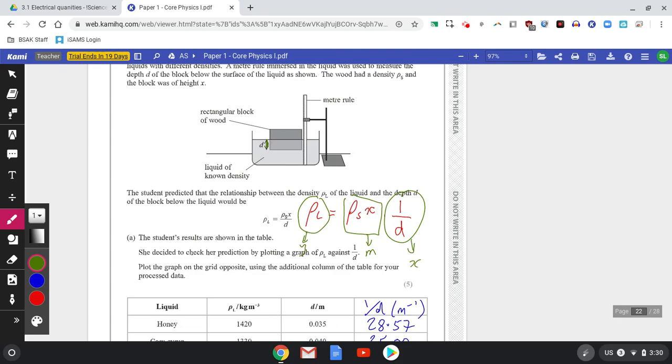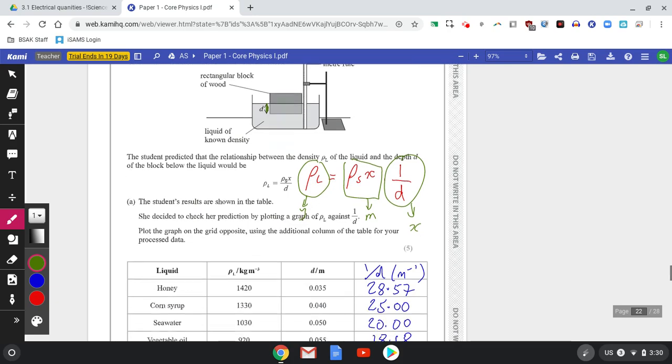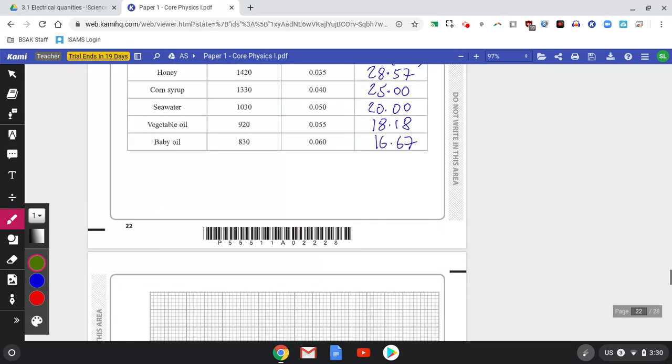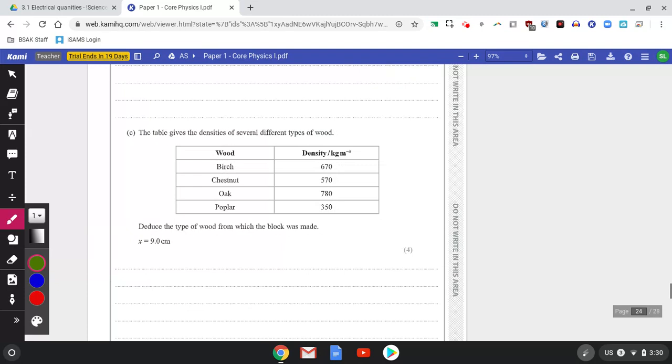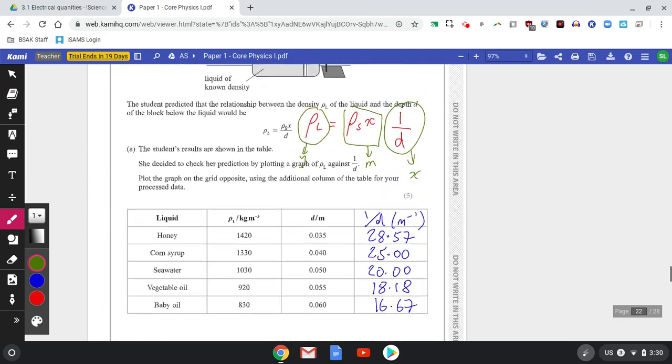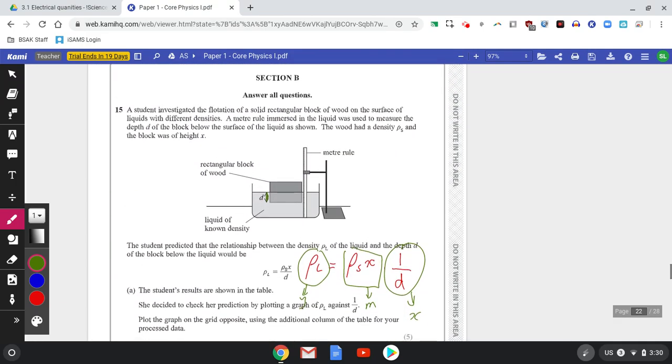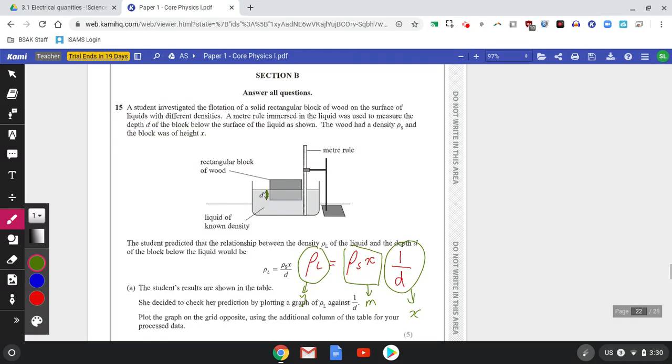What's x again? That's the dimensions of the block, isn't it? Height x. Yeah, so that's the overall height of the block.